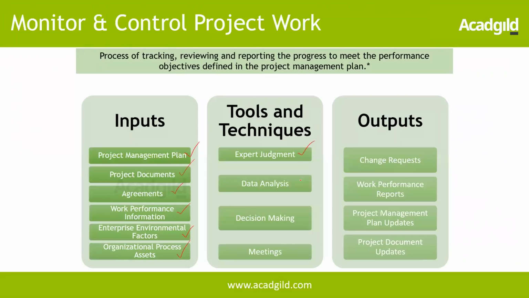Techniques: expert judgment, some of the data analysis, some of the decision making techniques, meetings. And outputs are change requests. So generally the key output will be the change requests arising out of this monitoring and controlling process. Then work performance reports and project management plan updates and project document updates. So these are the outputs.